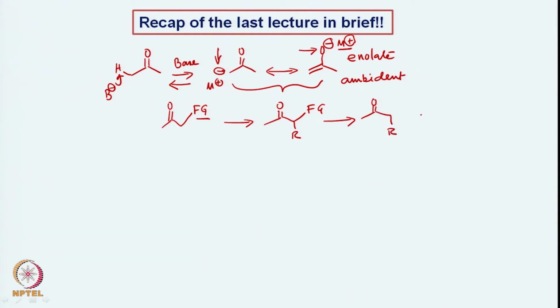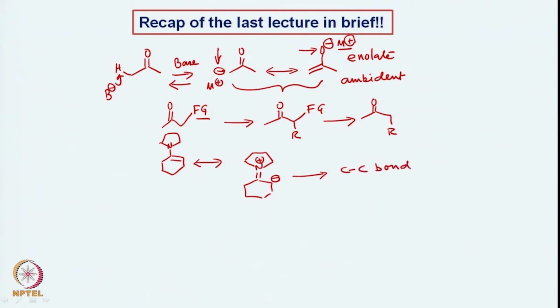So, we have the C alkylation to go further, and then we introduced enamine chemistry, which is well known, and we saw how enamines can be allowed to form the CC bond via this type of intermediates. Of course, we have the resonance structure of these, and then CC bond formation can be done.